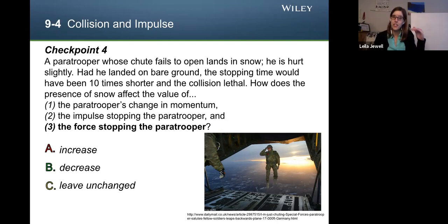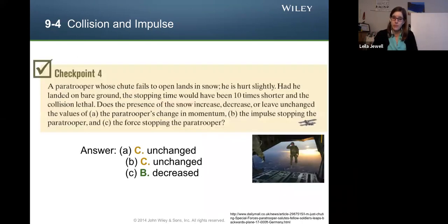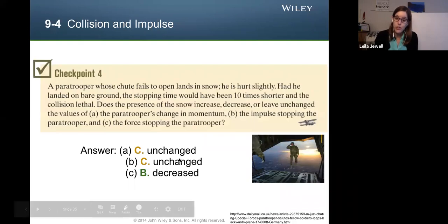Well, if we have the same impulse, but the stopping time is now much greater in the snow, then if impulse is equal to force times time, impulse is the same, time is greater, well, that tells us that our force is going to be less in the snow to keep the impulse the same. And there we have it, that the force is decreased.